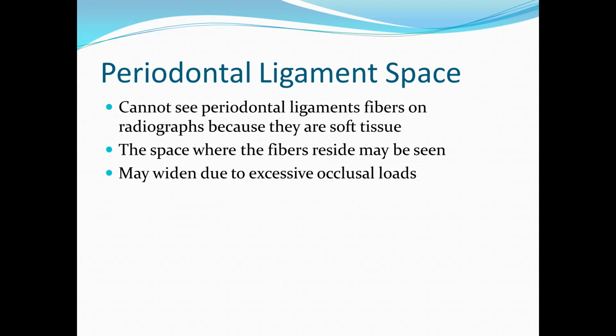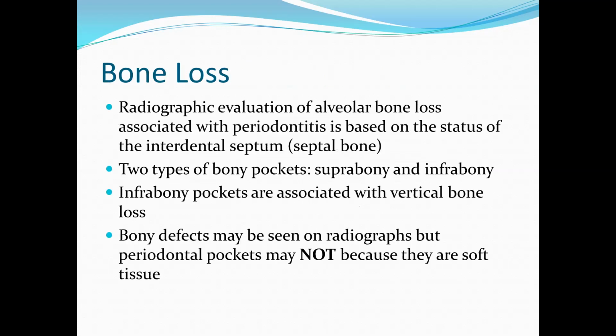A widened space might indicate occlusal problems. So you're looking at suprabony and infrabony bone loss. Infrabony pockets are associated with vertical bone loss. Bony defects may be seen on radiographs.